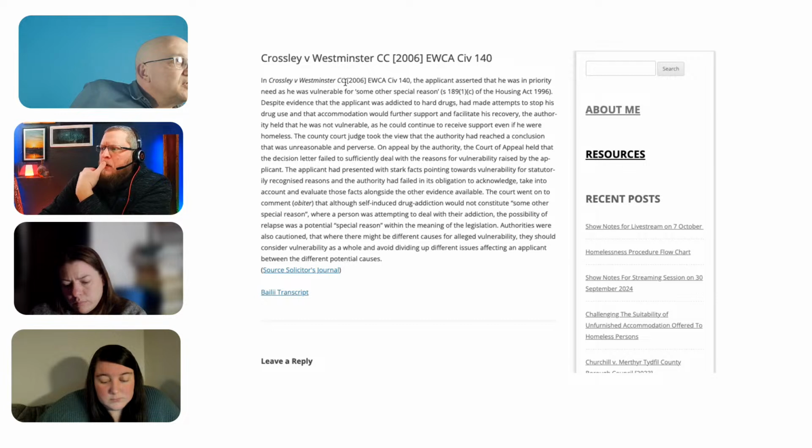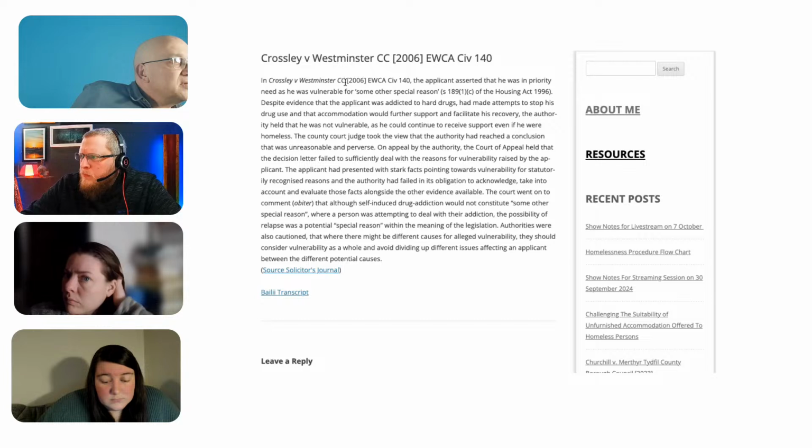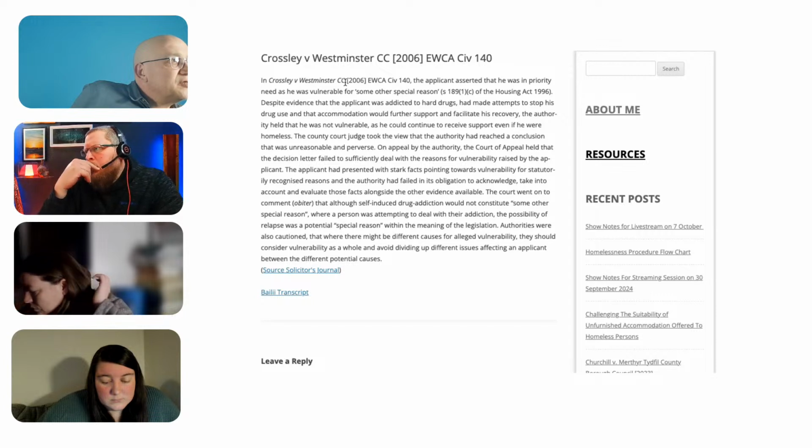The county court judge took the view that the authority had reached a conclusion that was unreasonable and perverse. On appeal, the Court of Appeal held that the decision letter had failed to deal with the reason for vulnerability raised by the applicant. The applicant had presented with stark facts pointing towards vulnerability for statutorily recognised reasons, and the authority had failed in its obligation to acknowledge, take into account, or evaluate those facts.